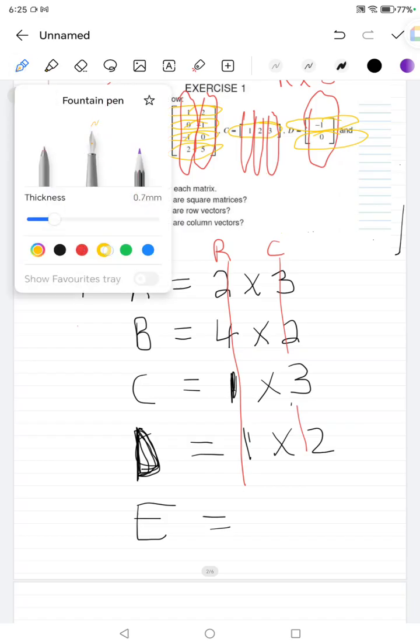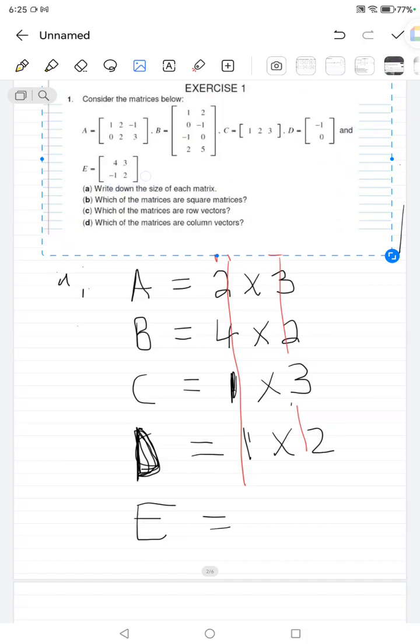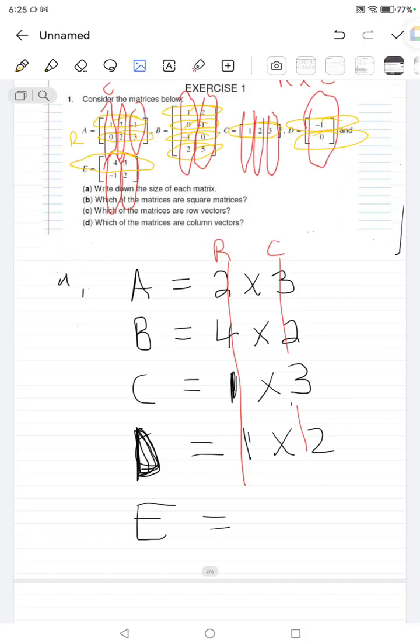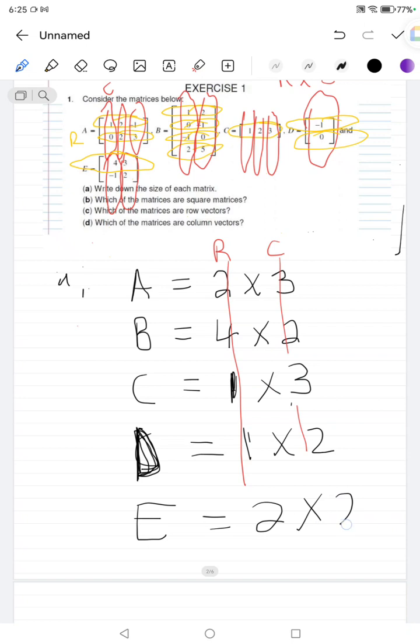Then the rows, we're going to have 1 and 2. So as I said, the rows it's 2, the columns it's 2. So that means here we're going to be having a 2 by 2. Hence you can even note that this one is going to be our square matrix since it has an equal number of rows and columns.